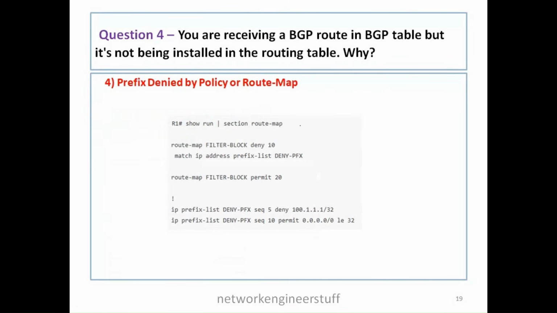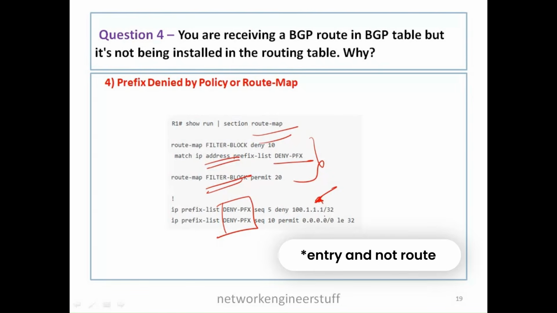I've shown an example of a route map over here, with a prefix list that denies a prefix. This prefix list has this particular route, 100.1.1.1/32, and it's been denied. So maybe there are route maps blocking it from getting installed in the routing table. So we also have to check that part.